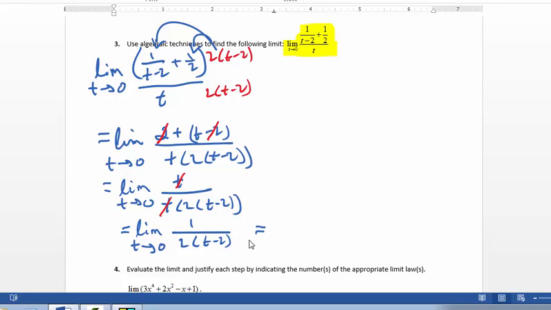And when I plug in 0, I get 1 over 2 times -2, which is -1/4. So that's actually my limit there. And if you do that on a calculator, you'll see that the limit is actually -1/4 also.